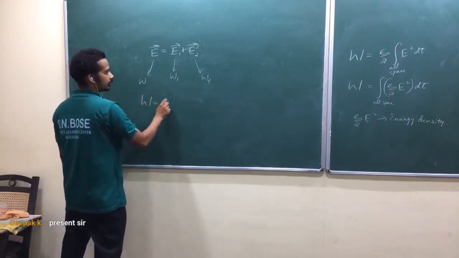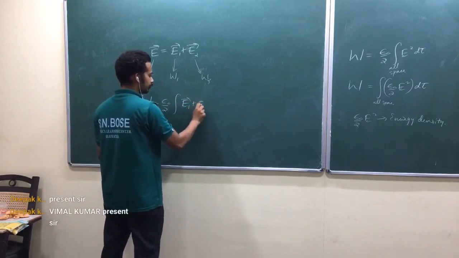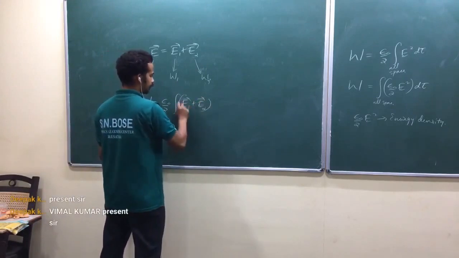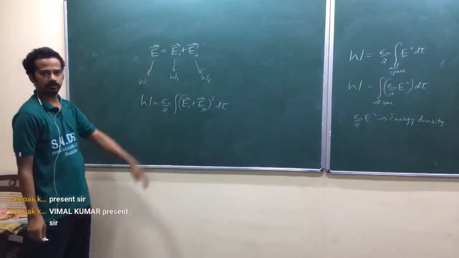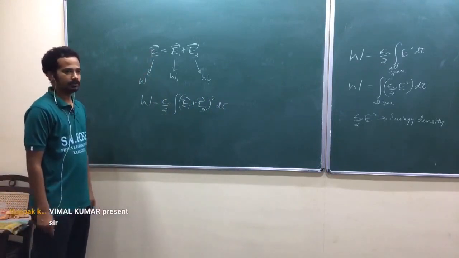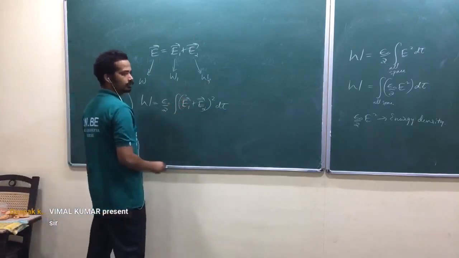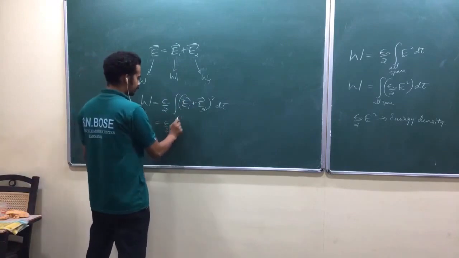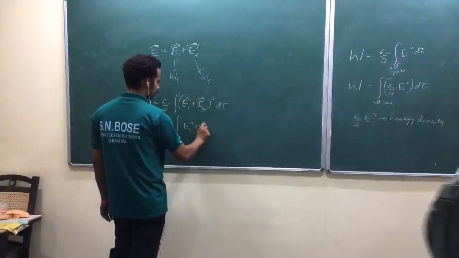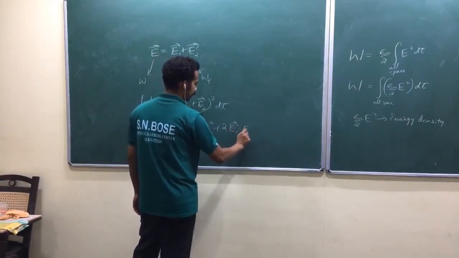W you have to write as epsilon naught by 2 integral of (E1 plus E2) whole square dτ. What is a vector whole square? The dot product with itself, which gives E1 square plus E2 square plus 2 E1 dot E2.